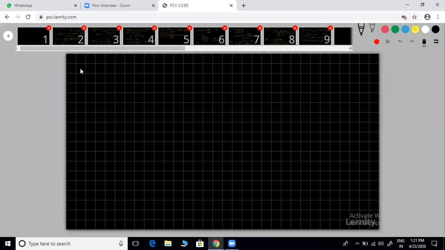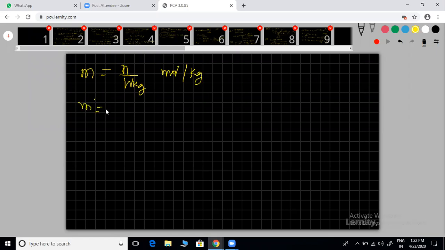Next is molality. The symbol is small m. Molality equals the number of moles dissolved in 1 kg of solvent, so the unit is mole per kg.